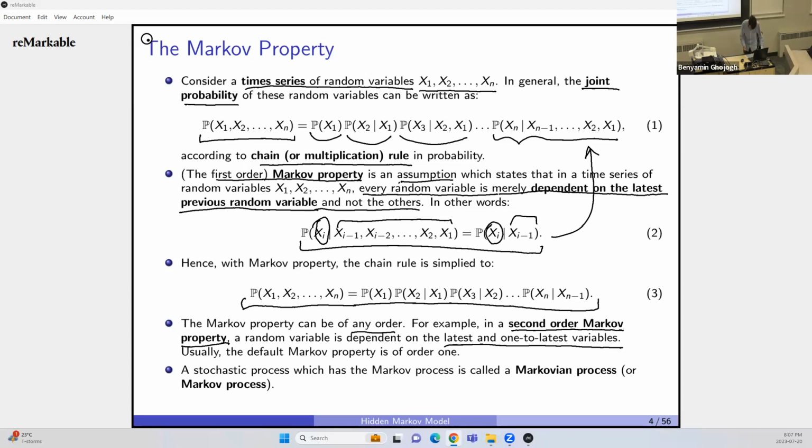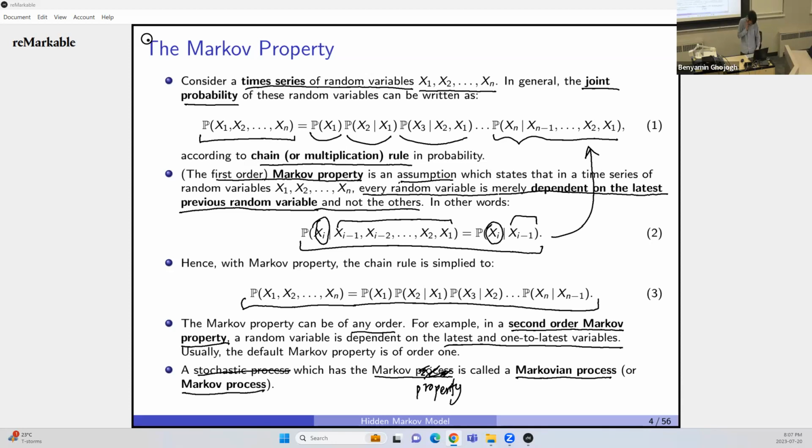A stochastic process which has the Markov property is called a Markovian process or Markov process.